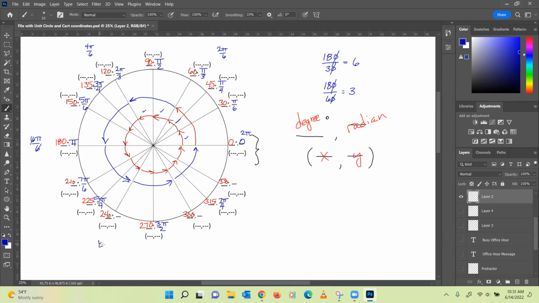We've got 8 pi over 6, which would simplify to 4 pi over 3. 9 pi over 6, which would simplify to 3 pi over 2. 10 pi over 6, which would simplify to 5 pi over 3. And then we've got 11 pi over 6 and 12 pi over 6, which would simplify to simply 2 pi.